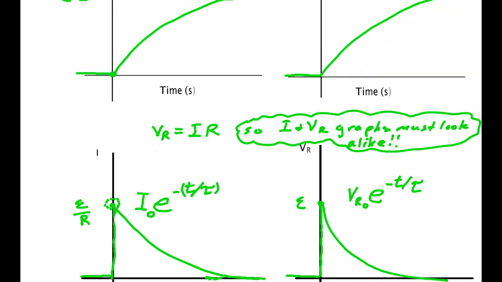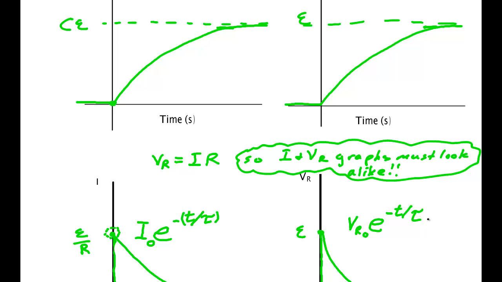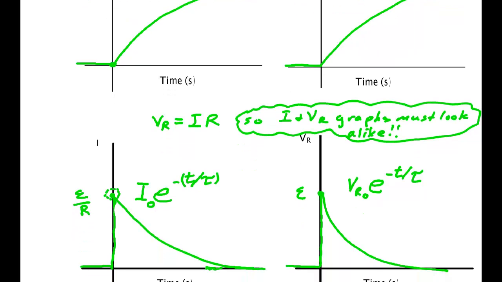Well, if you look carefully, for the voltage graph especially, you'll see that what we've done here is had this battery, this epsilon that goes all the way across, and we've cut out the curve for the resistor.